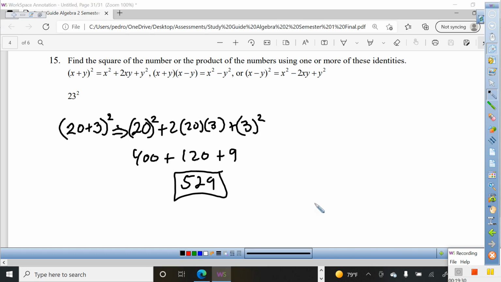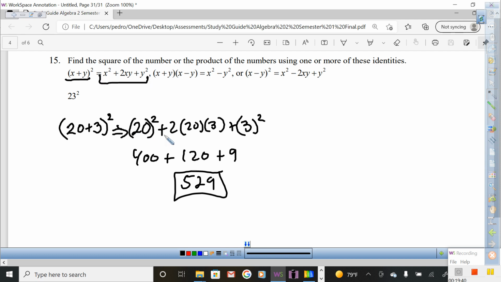All right, and once again, they give you the identities, you just need to match it. Yes? So which one does it look like? 20 plus 3 looks like this one, which means you take this and write it with numbers.